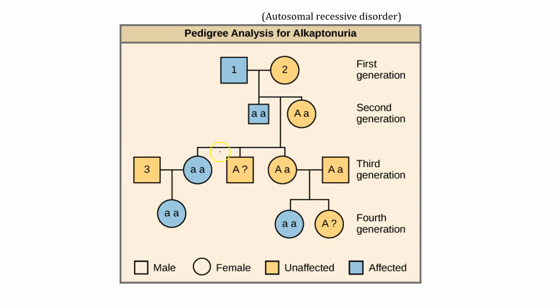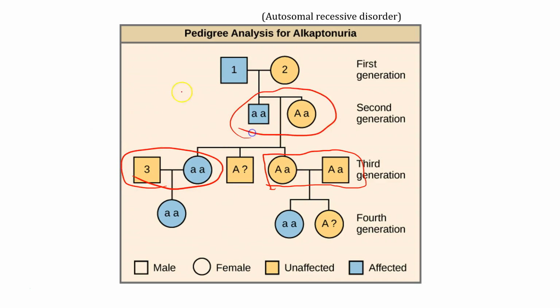And then the long and the short of it is you're able to track how the alleles are flowing through the family tree. And so you could ask the question, what's the likelihood that these parents will have offspring with the disorder, or what's the likelihood here.